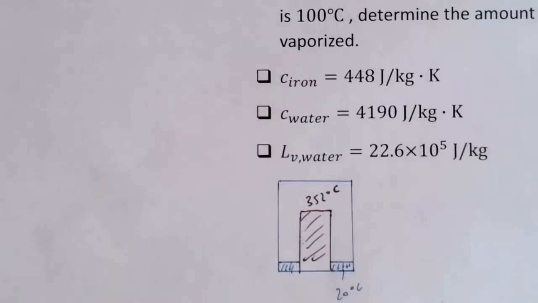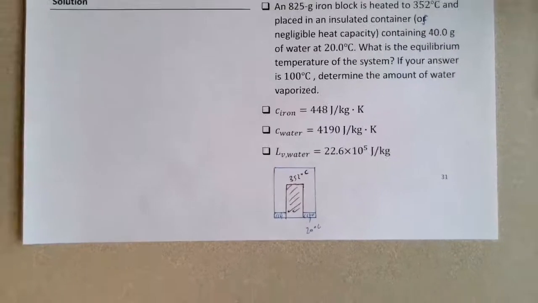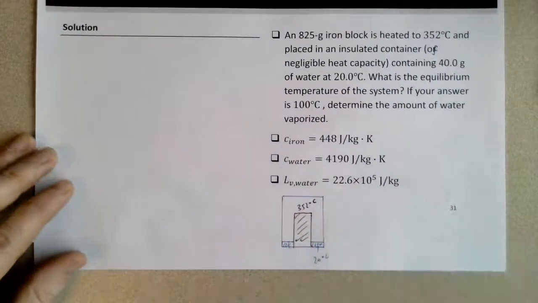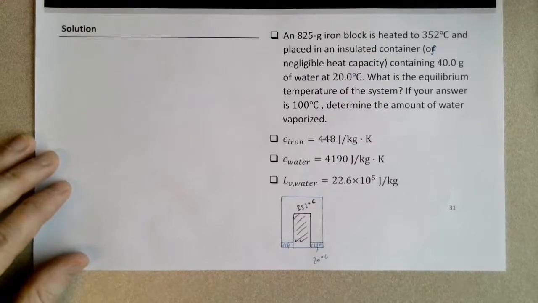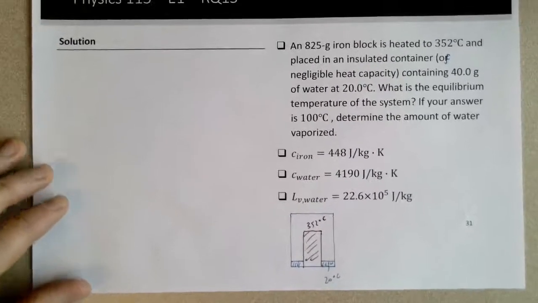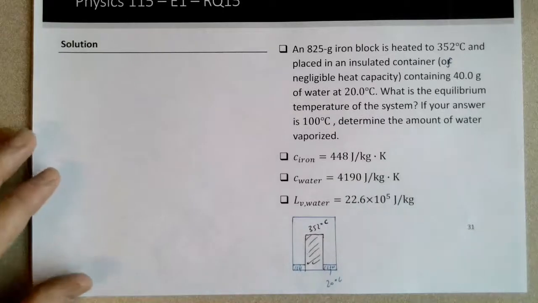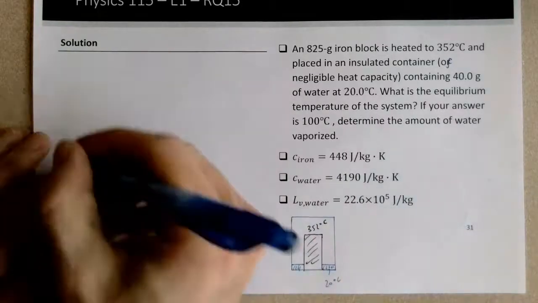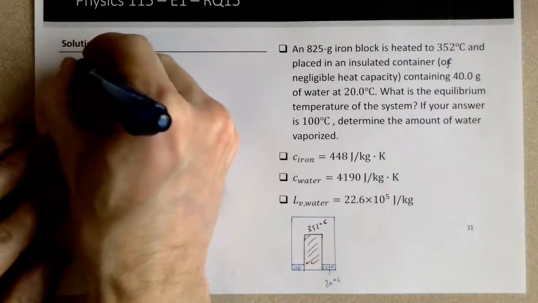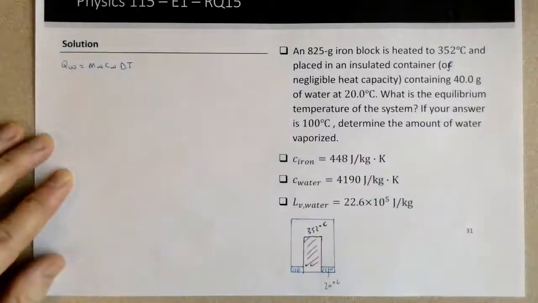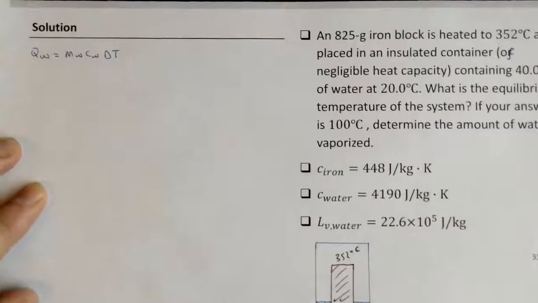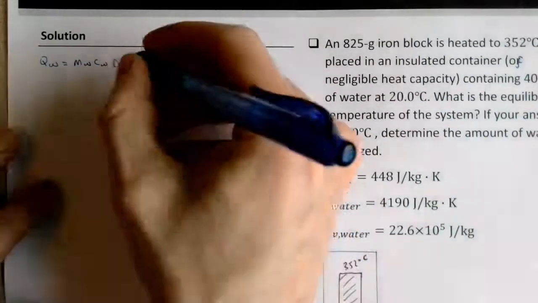There's a couple of ways you can figure out that number using our calorimetry equations. I just want to figure out how much energy the water requires to heat up from 20 degrees to 100 degrees. So Q water equals m water c water delta T. I'm going to write this small because there's going to be a lot of work on this page.